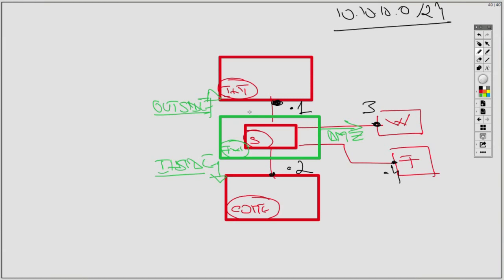So you want to build some firewall policies between these three zones, between the DMZ, the outside, and the inside. But because you don't want to change the IP addressing scheme, it means you have to deploy the firewall in layer 2 mode. So it's going to bridge the traffic back and forth, it's going to switch it back and forth, and also enforce firewall policies.